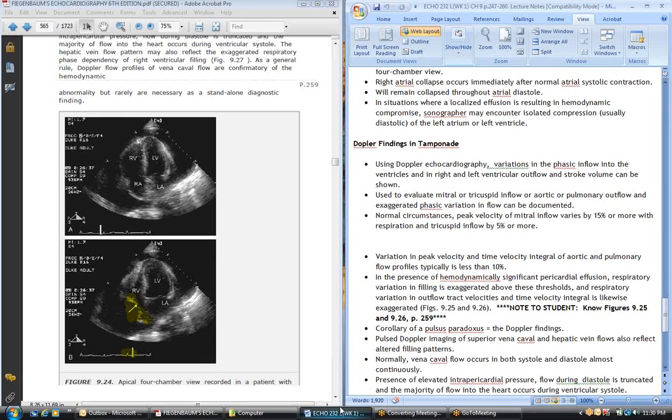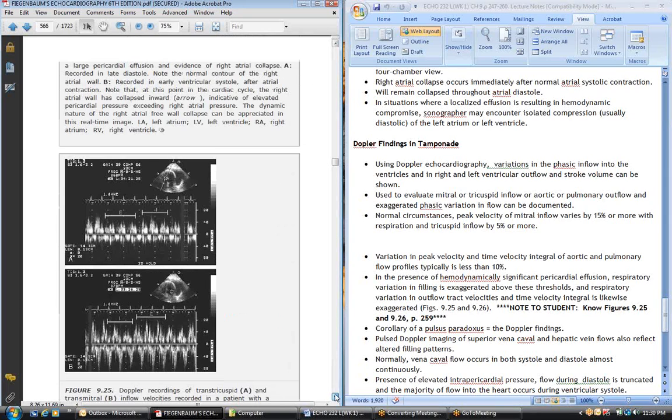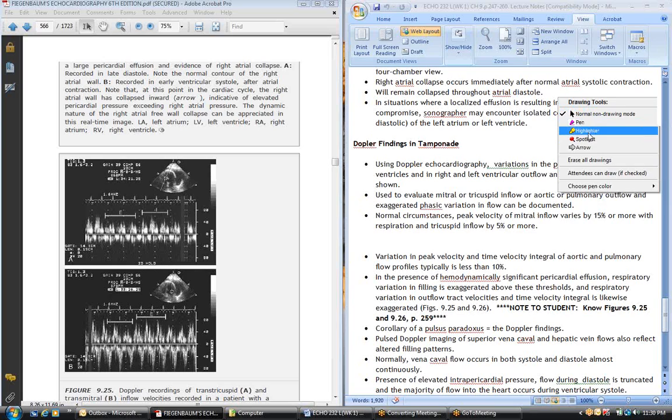So let's go down here to 9-25 and take a real close look at some Doppler. So this is 9-25. You'll notice that with inspiration, you actually have the variation that we're talking about, and it gives you an idea. These tracks basically should come straight across at the same velocity all the time.